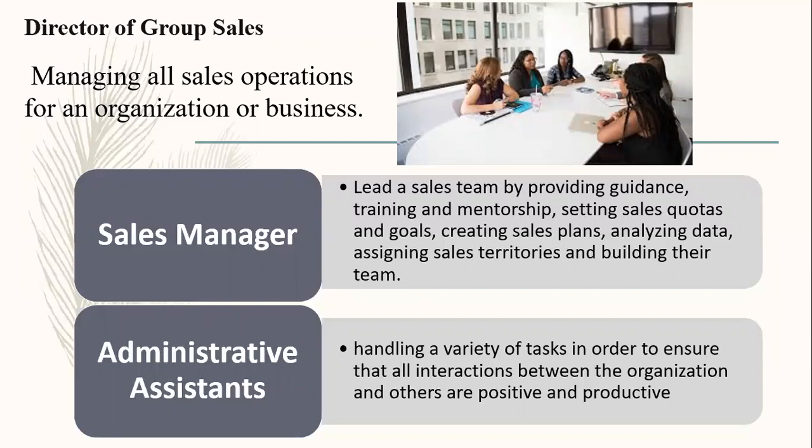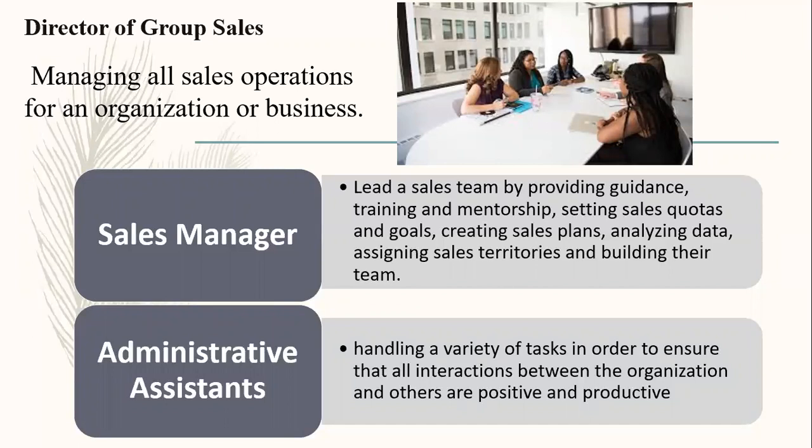And under this director of group sales, there are two parts. The first one is sales manager. Sales managers lead a sales team by providing guidance, training, and mentorship, setting sales quotas and goals, creating sales plans, analyzing data, assigning sales areas, and building their team.